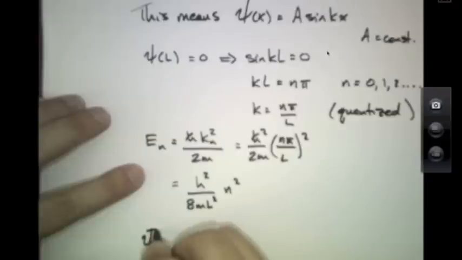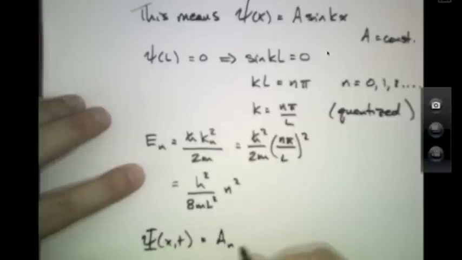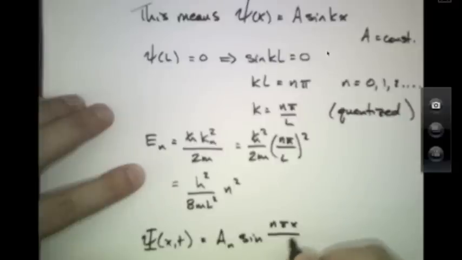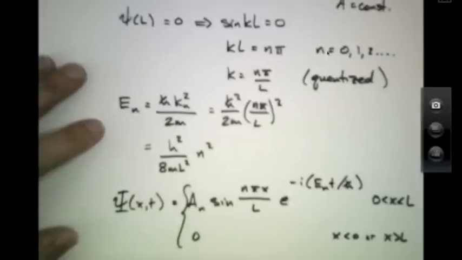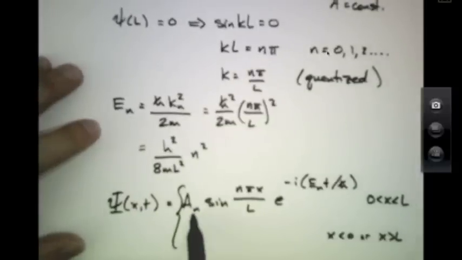And psi of x and t is equal to some constant times sine n pi x over L, e to the minus i omega t.